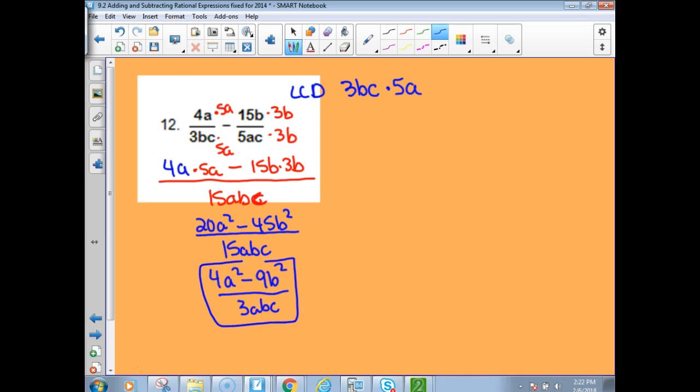No point in factoring that difference of perfect squares because it won't simplify anything. And you cannot cross out any A's and B's. These guys are married. Okay. I know that's a weird thing to say, but I don't know how else to make you think about it.